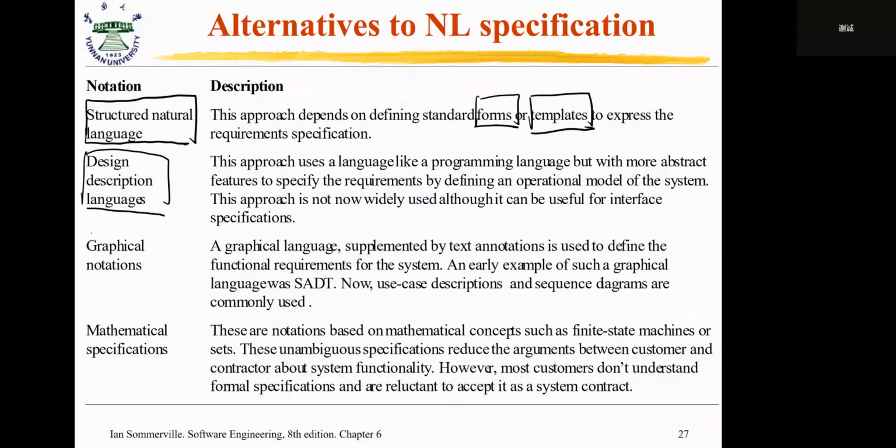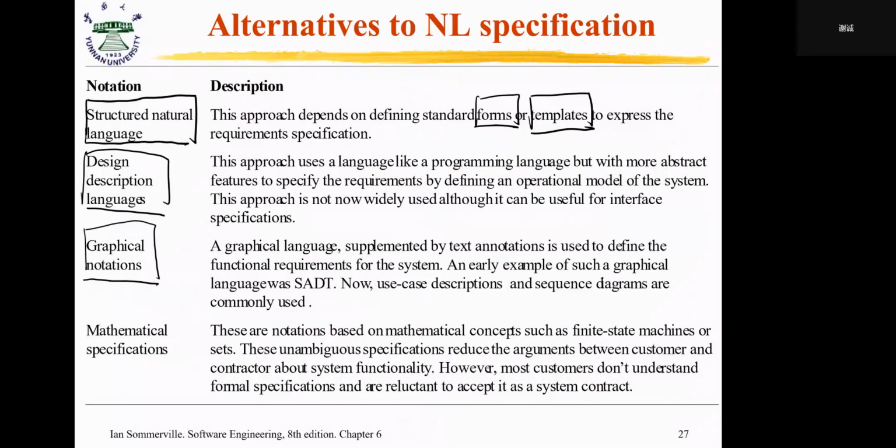The third way is so-called graphical notation. A graphical language supplemented by text annotations is used to define the functional requirement for the system. An early example of such graphical language is SADT.